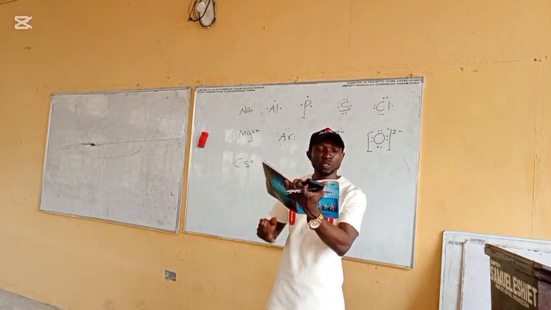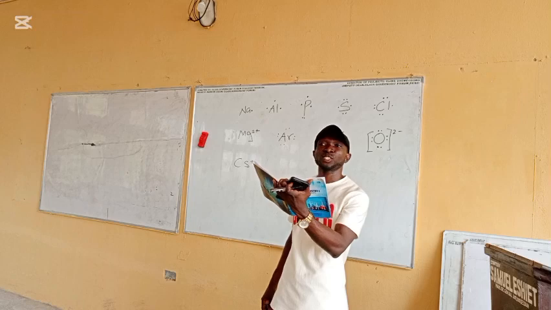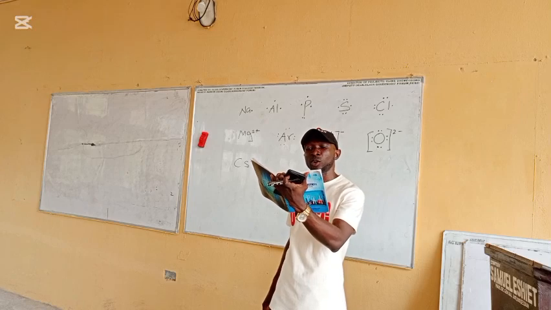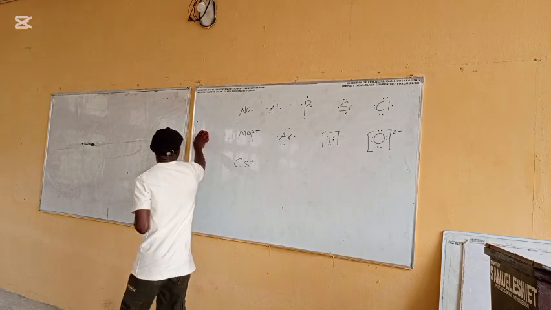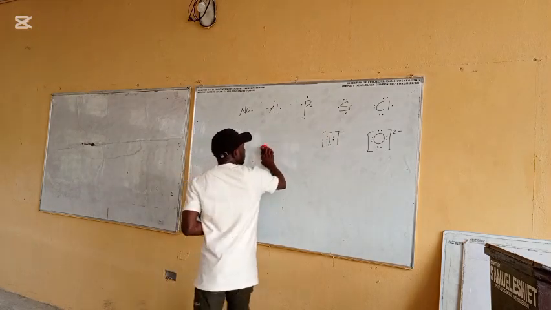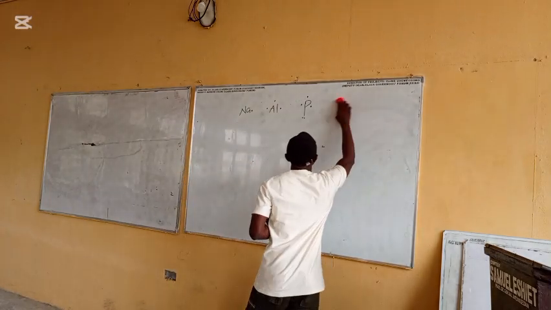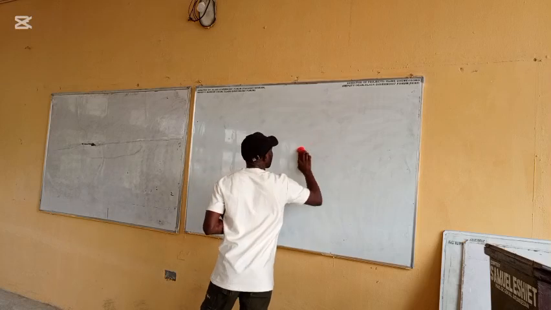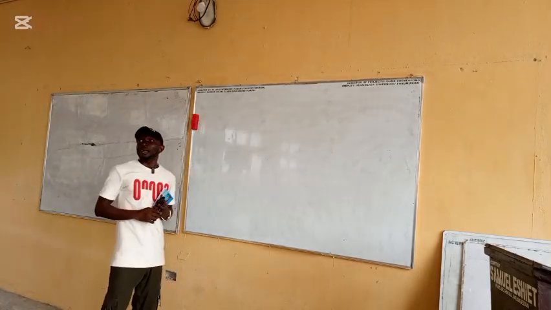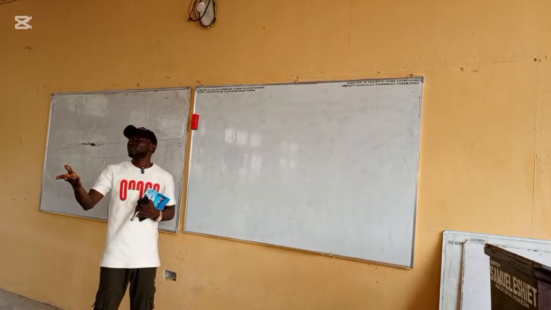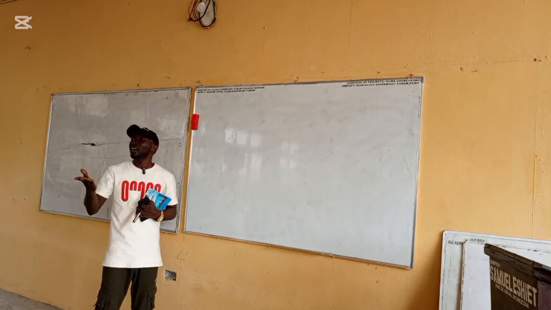Okay. So now the next question says, write the atomic cores for potassium and chloride ions. Look at the atomic cores here. Atomic core just represents the symbol of that particular ion.